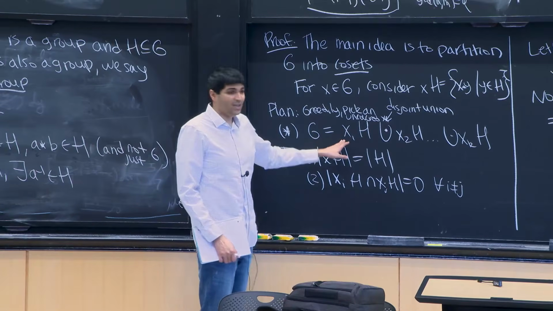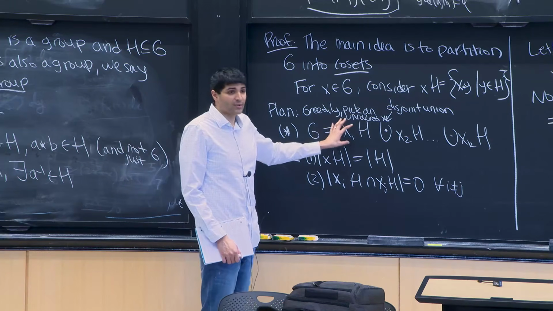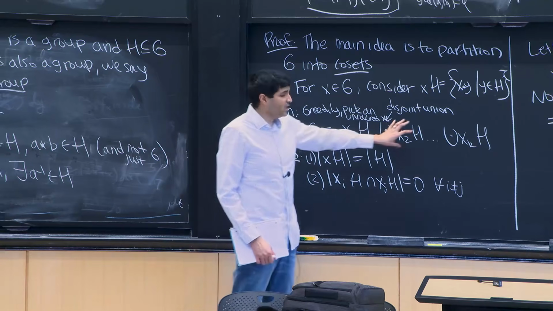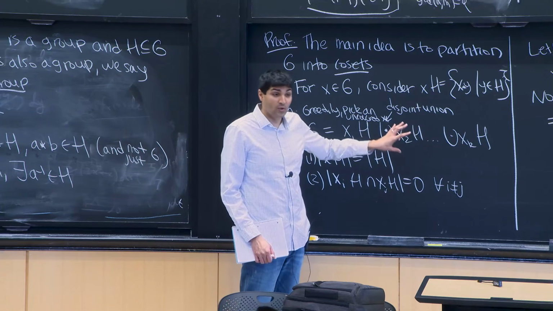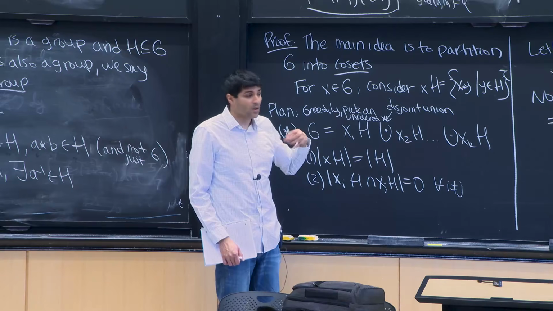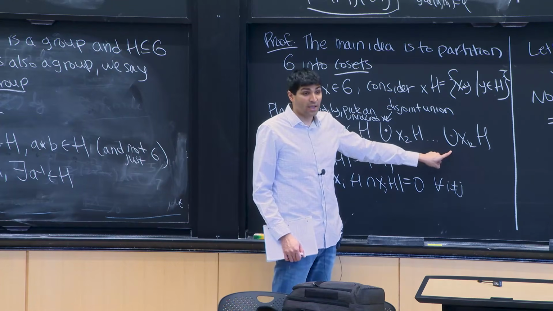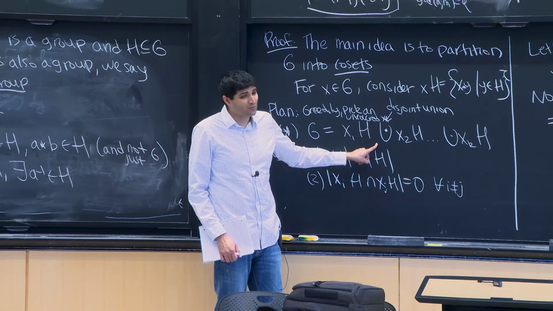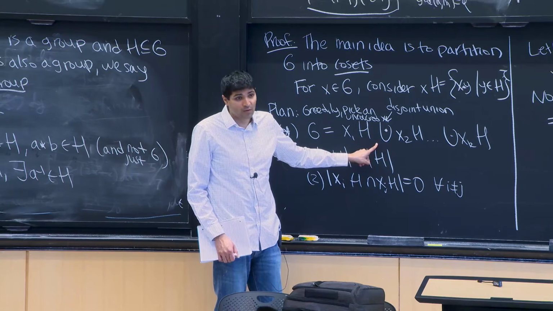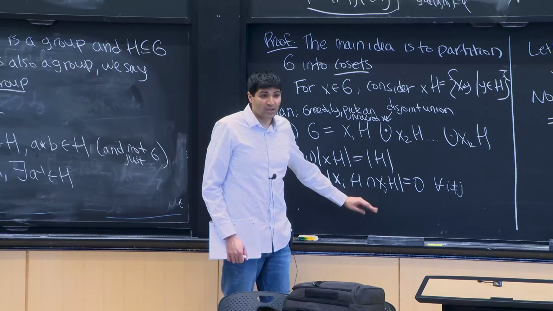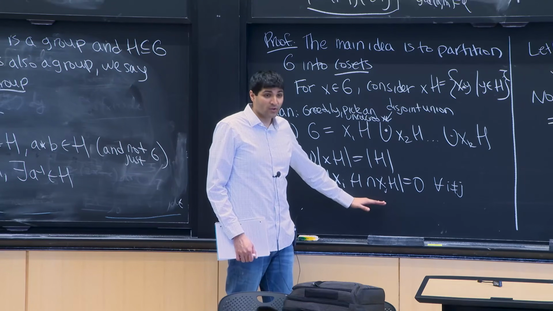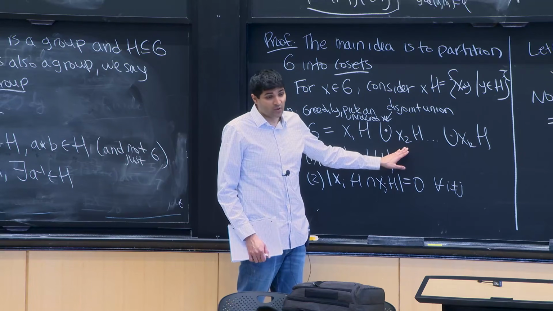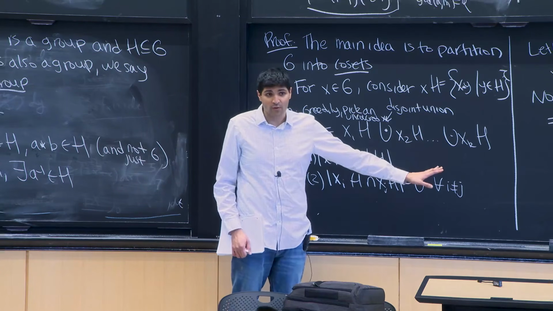I started off with any x that was uncovered, chose it as my x1, and pulled out the entire coset. Then I took any x2 that was still not covered, used it to find a coset and pulled it out. So if some xj later down the line actually belongs to an earlier coset, then I shouldn't have done that. It should have been pulled out before, right? So logically, if the intersection were non-empty, then I haven't implemented this procedure correctly, because xj was already covered.